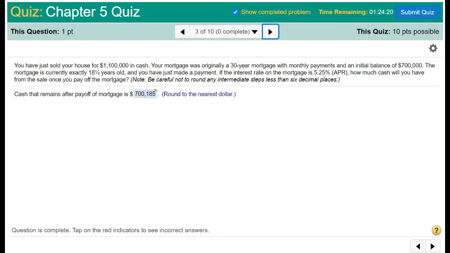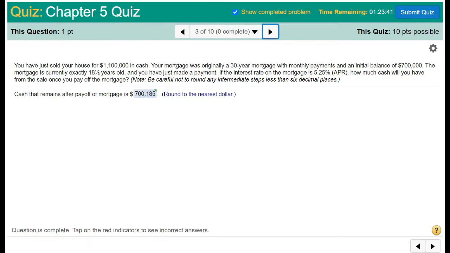Once we have the payment amount, we have to calculate how much we owe the bank. What we're going to do is net the number of payments that we made, which is 222, against the original loan. So it's 360 minus 222, which is 138.